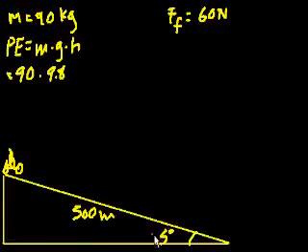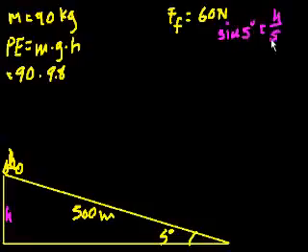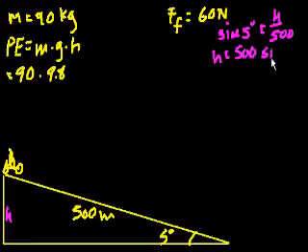So the sine of this angle is equal to opposite over hypotenuse. So, SOH. Sine is opposite over hypotenuse. So we know that sine of 5 degrees is equal to the height over 500. Or that the height is equal to 500 sine of 5 degrees.